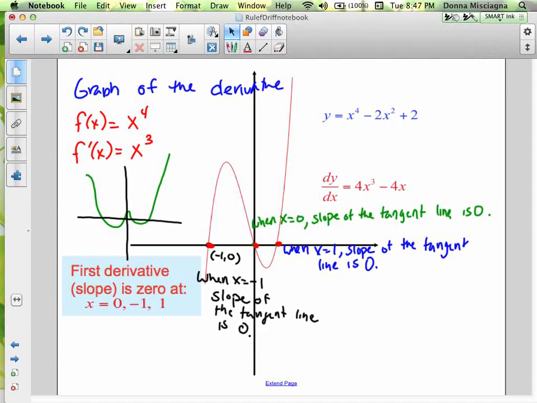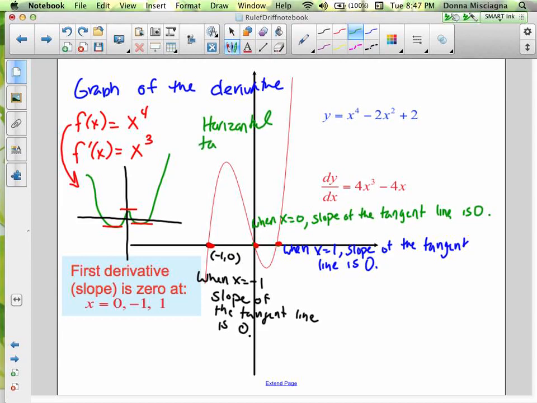But now you can see that our horizontal tangent lines on our original function correspond to x-intercepts on our derivative. So horizontal tangent lines on f of x equal x-intercepts on f prime of x.